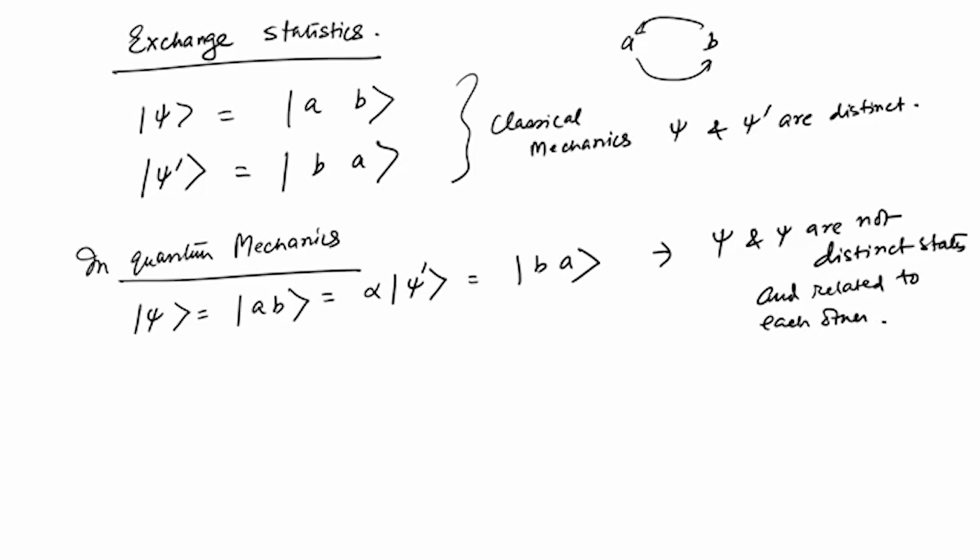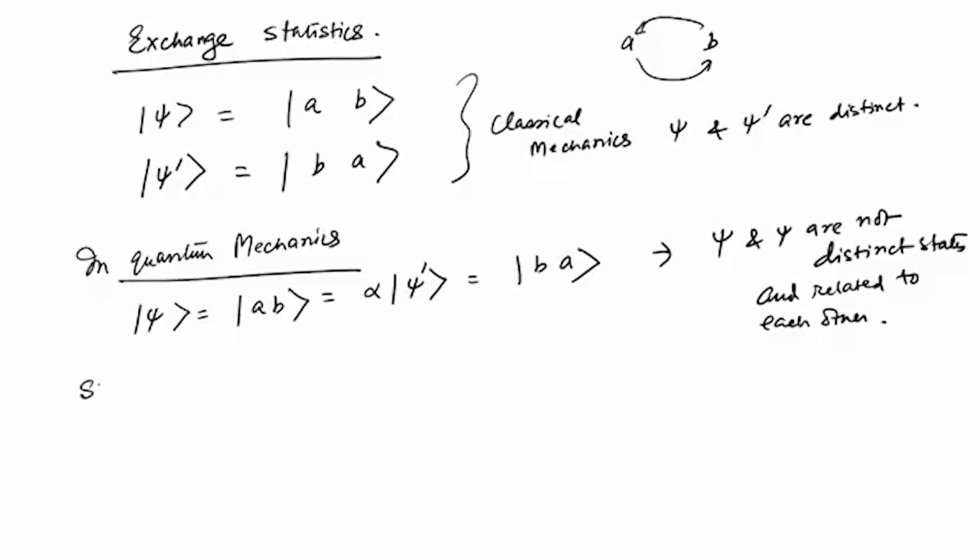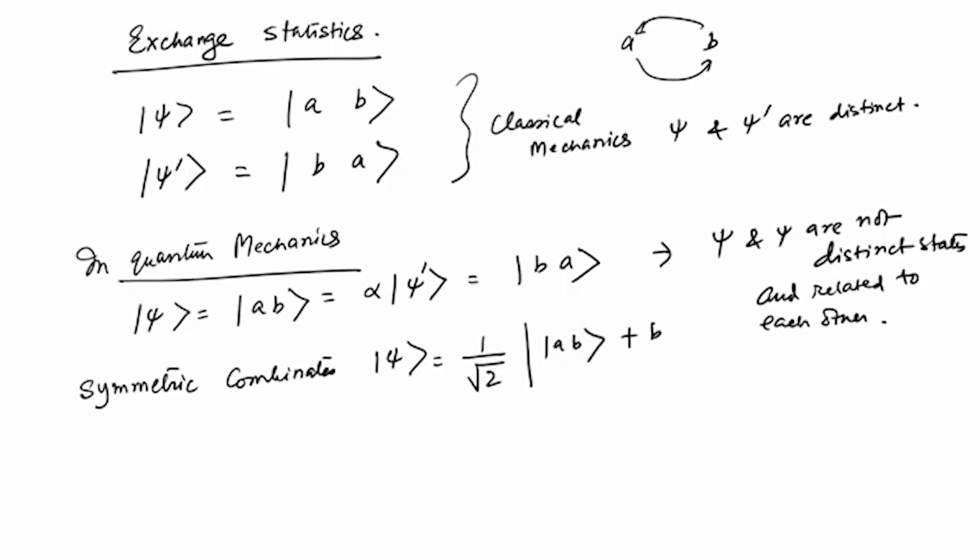So, from here on we have written it as alpha, which means that alpha is some number that we have not committed ourselves to, and here we can define two kinds of combinations. One is called a symmetric combination of states, which tells you that this psi has to be like 1 by root 2 times A B plus B A. Why is this symmetric?